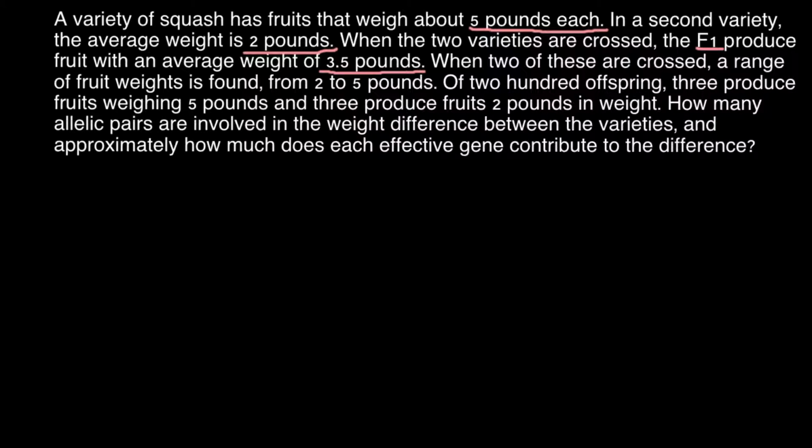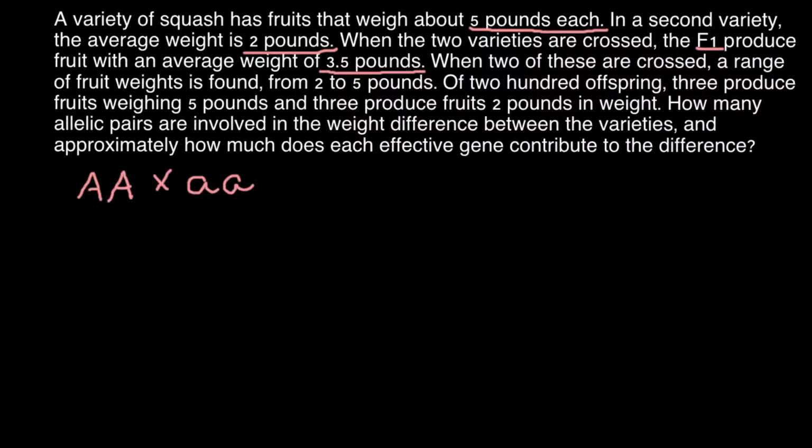So basically, what does it mean? Imagine that we have one variety whose genotype, for example, would be capital A, capital A. So this is a diploid organism with two alleles. Imagine that this is an additive trait. So we cross with another parent whose genotype would be small a, small a.